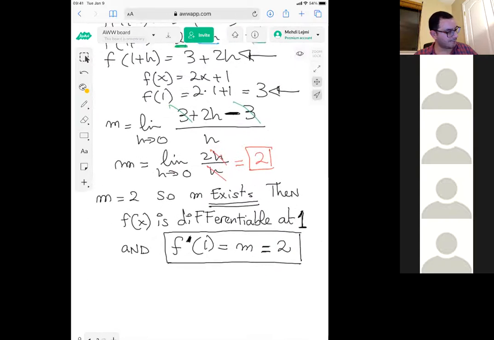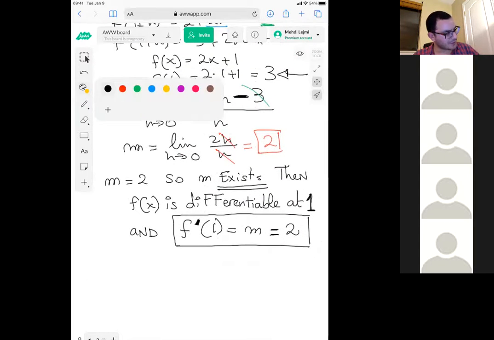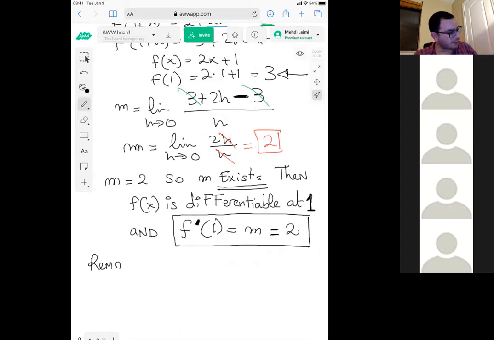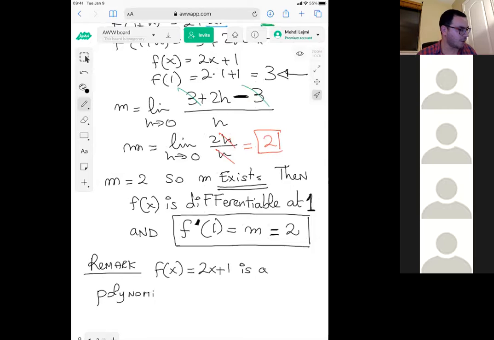So this is a remark, because at some point later we're gonna make a connection between continuity and differentiability, right? So you need to understand, guys, the difference between continuity and differentiability. What I'm saying here is that this function f of x, which is 2x plus 1, is a polynomial, because a polynomial by definition is when you have just powers of x, right?